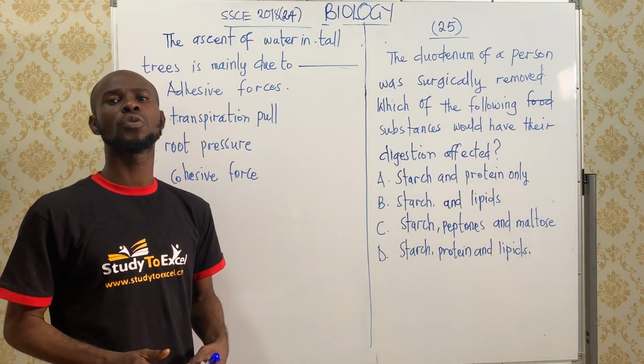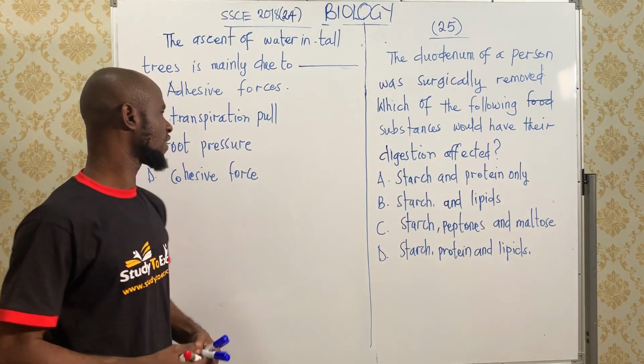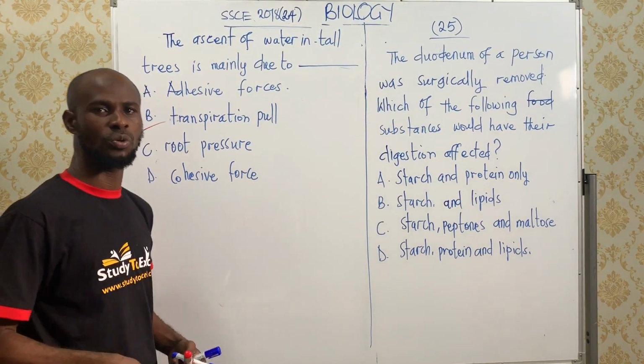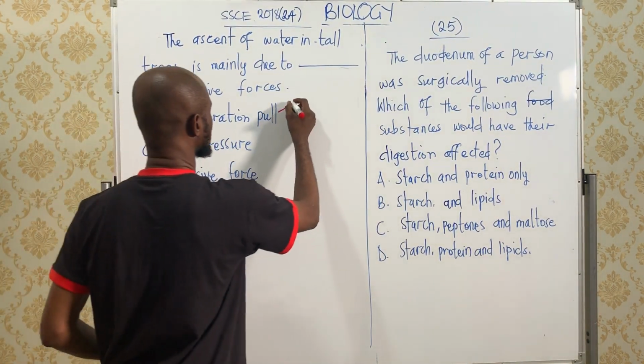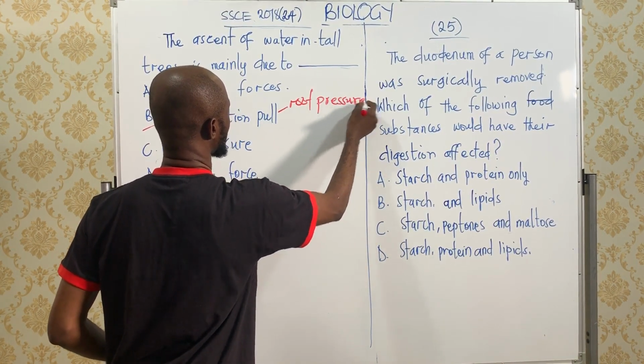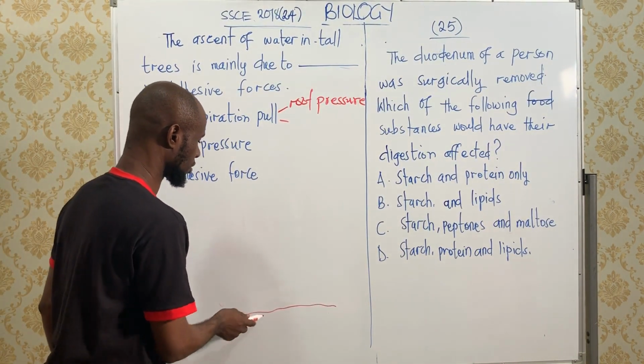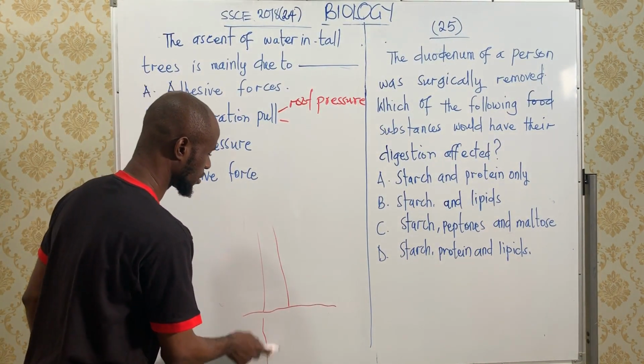Transpiration pull is governed by different factors. The first one is the pressure in the root, called the root pressure. The root pressure cannot move the water all the way. Let me draw the plant for you so you can get to know what I'm saying.